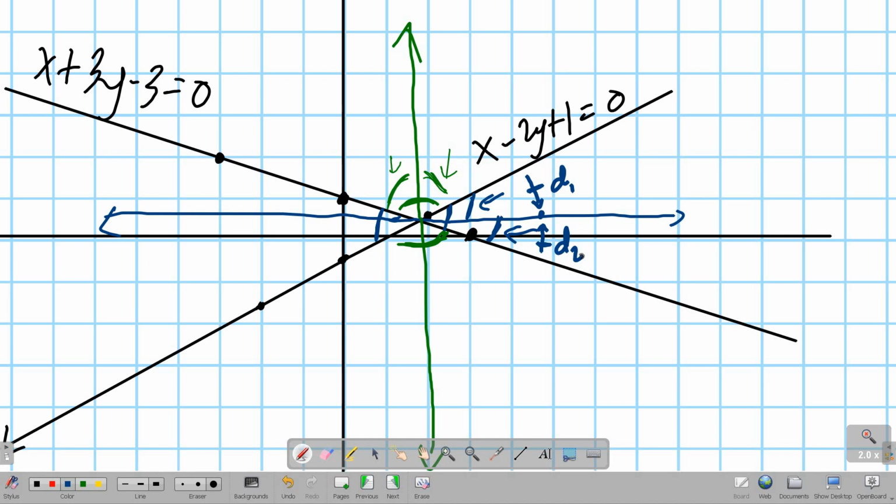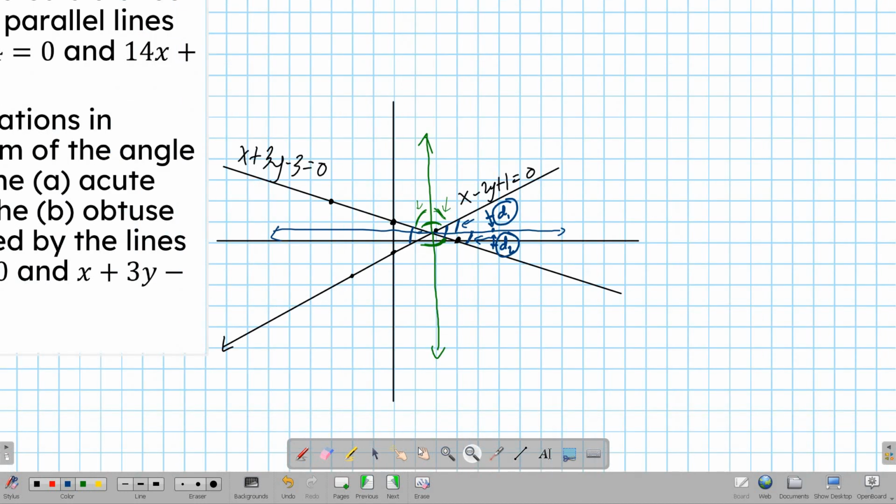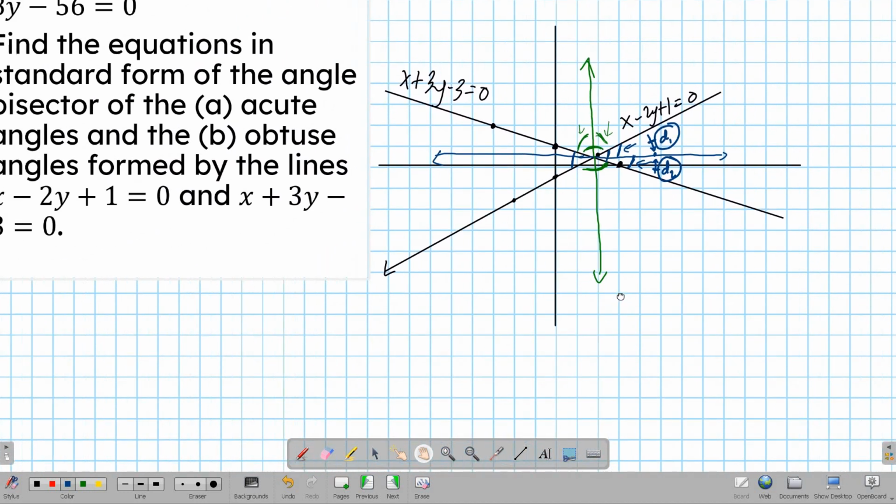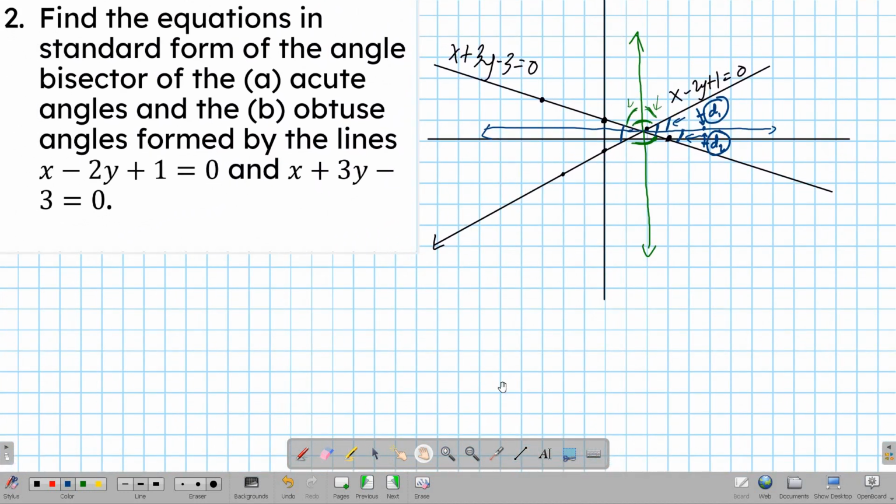Because it's an angle bisector, the distances should be the same since the two angles are congruent. So therefore, d sub 1 should be equal to d sub 2.